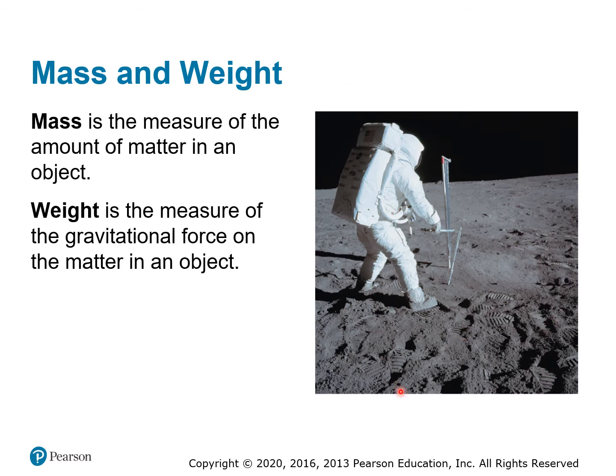The astronaut's weight will change on the moon because the gravity of Earth and the moon is different. He will weigh only 1/6 on the moon of that on Earth. So remember, weight varies with gravity, mass does not.